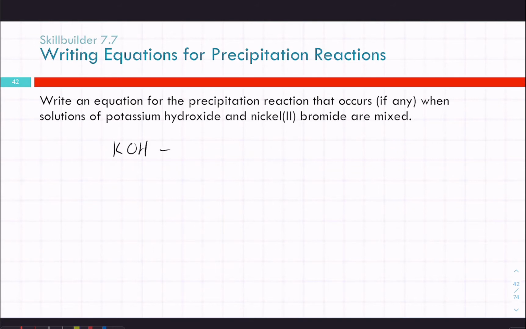And this is aqueous. And then nickel bromide. So nickel, and then here again, the Roman numeral II in parentheses indicates that we have a 2+ charge for nickel, because it is a transition metal without a consistent charge. And then bromide has a 1 minus charge.